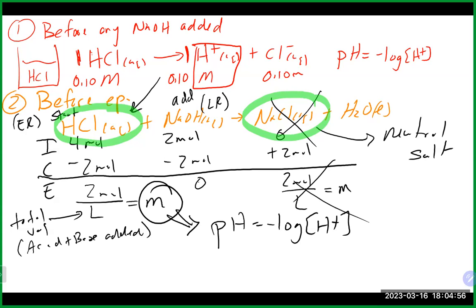So all the way from the very first drop of sodium hydroxide to right before the equivalence point, you need to do an ice table, and you need to do that ice table in moles.